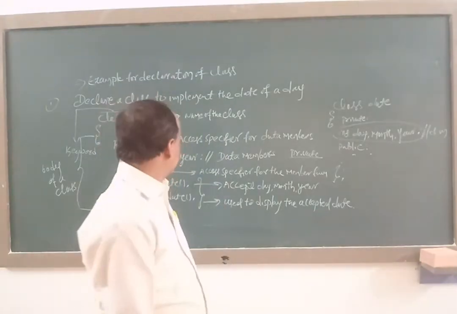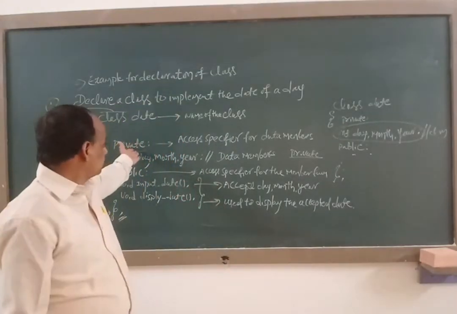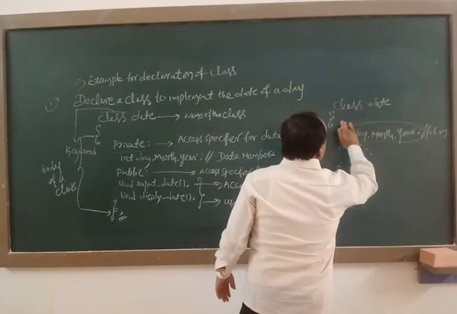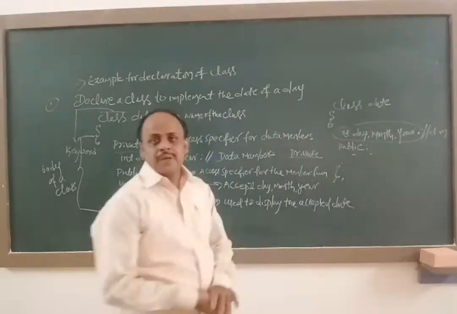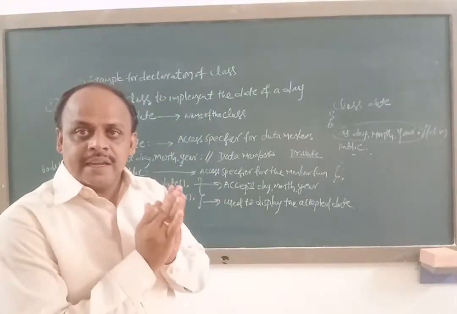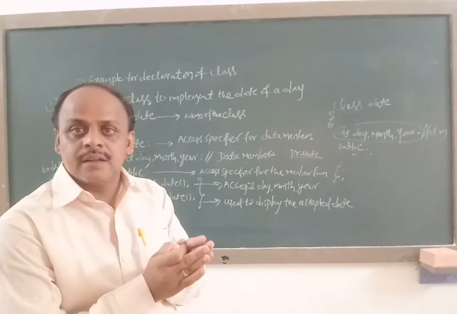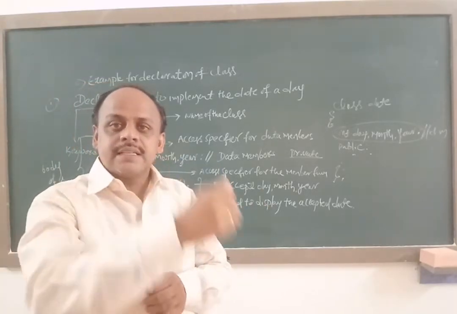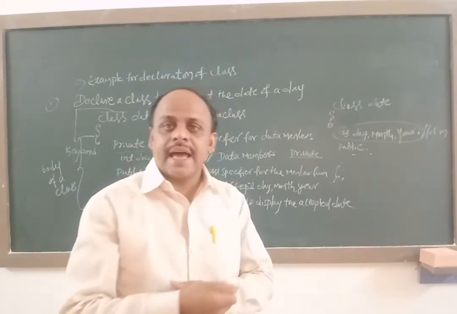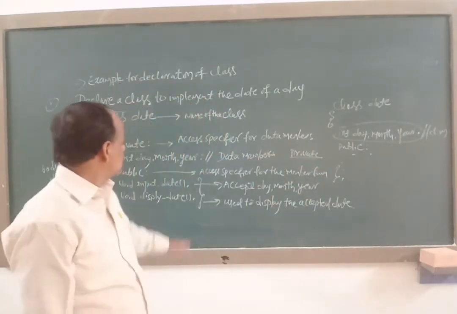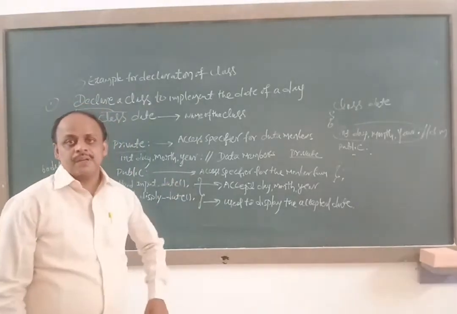Right? So this is equivalent to this code. This code makes it clear that if we are not mentioning any access specifier for data members, then they are considered private by default. Okay? So this is the first example.